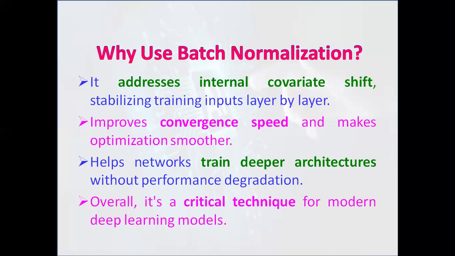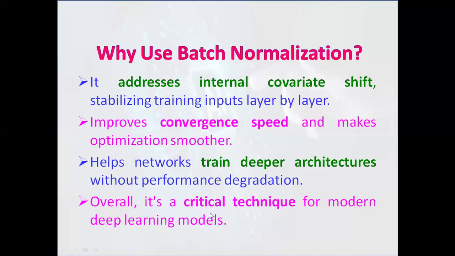It facilitates the training of very deep models by preventing the divergence that often occurs when activation distributions shift. In essence, batch normalization makes the optimization landscape smoother and more predictable, greatly enhancing the performance and usability of deep neural networks.